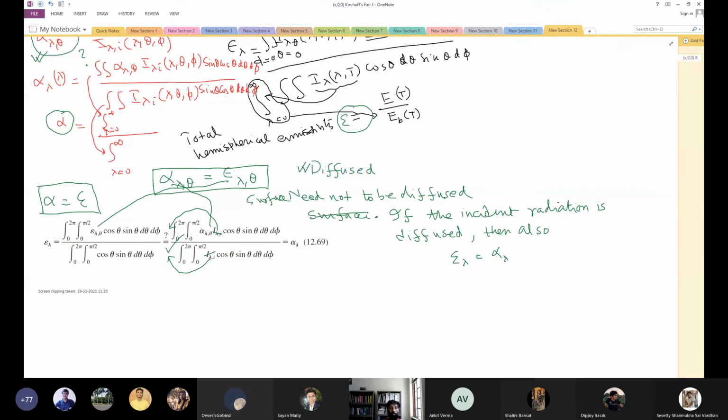Just give it time to think, there's nothing complicated. All that happens is that I lambda, I is not a function of theta, so it comes out of the integral and cancels, and because epsilon lambda theta equals alpha lambda theta, both integrals are equal. That's all. So that gives us epsilon lambda equals alpha lambda. So either the surface is diffuse or the incident radiation is diffuse. Then this happens.